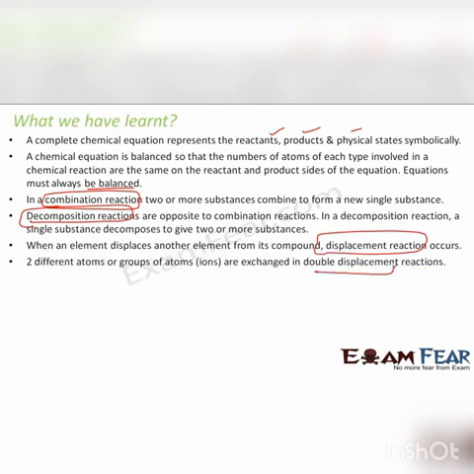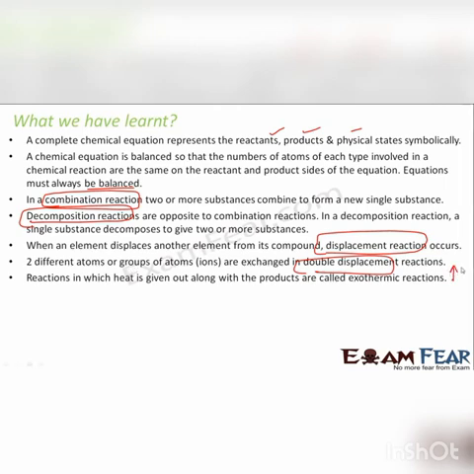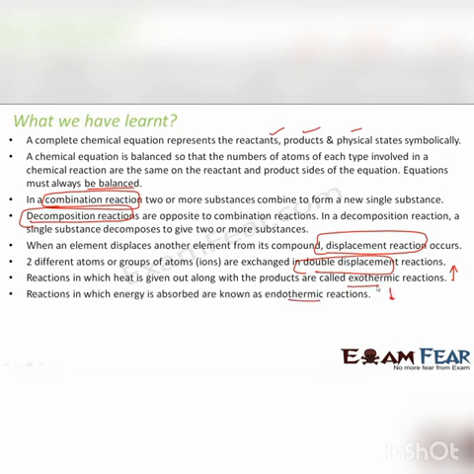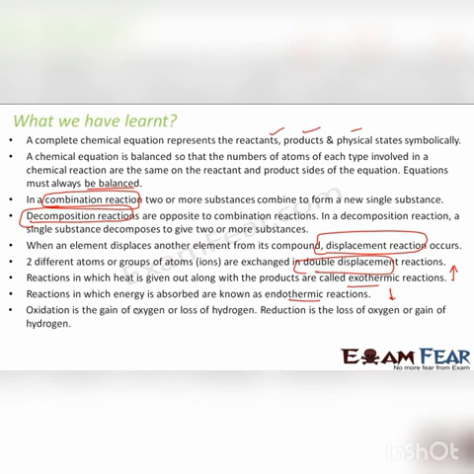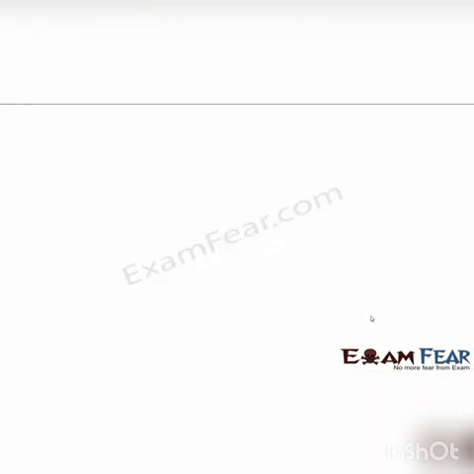In a double displacement, both the elements swap, right? The reaction where heat is given out is called exothermic. The reaction that requires heat is called endothermic, right? We have learned that oxidation is the process of gaining oxygen or losing hydrogen, and reduction is the reverse process of losing oxygen or gaining hydrogen. That's what we have learned.